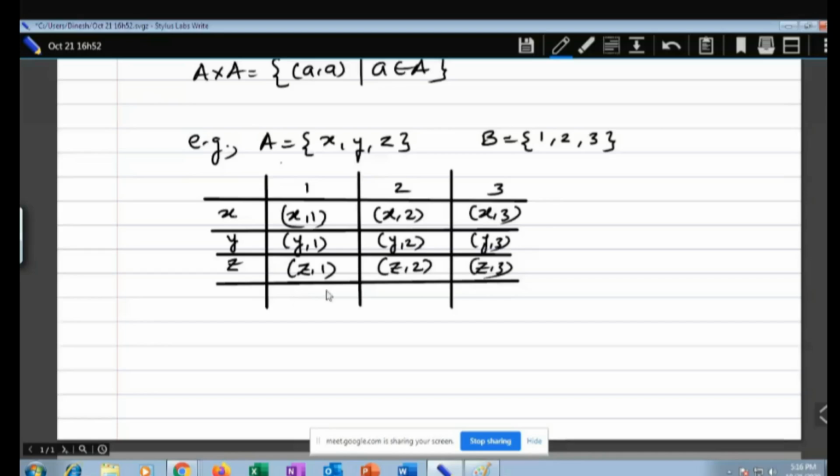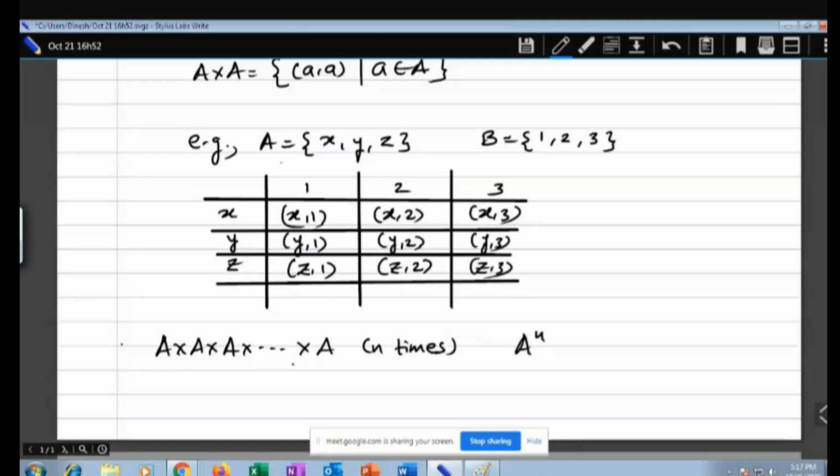Now, if we take A cross A cross A up to, let's say, n times, it is also denoted as A raised to n.